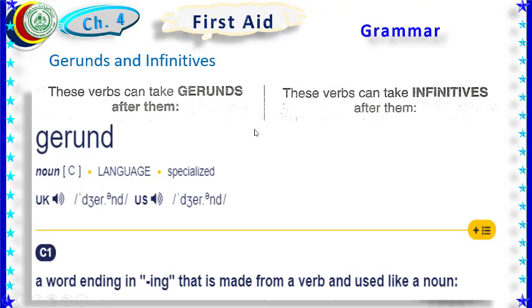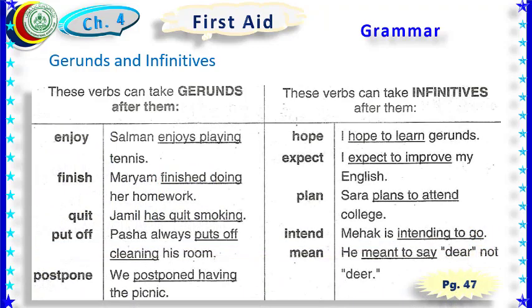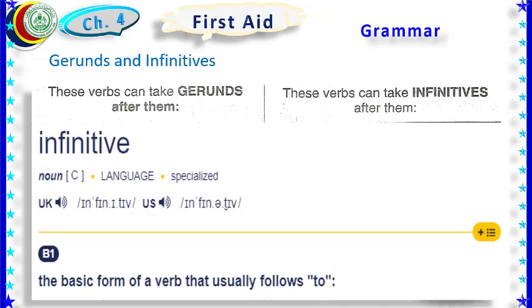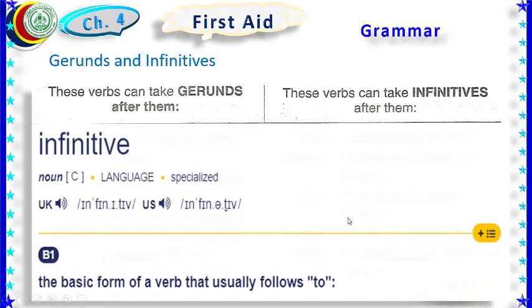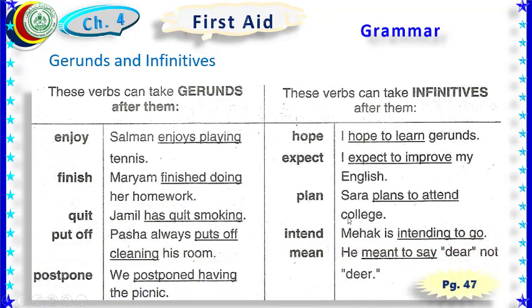Then what is an infinitive? An infinitive is the basic form of a verb that usually follows "to". It comes after "to". Enjoy playing, playing is a gerund. Finished doing, doing is a gerund. Quit smoking: Jamil has quit smoking. Smoking is a gerund.